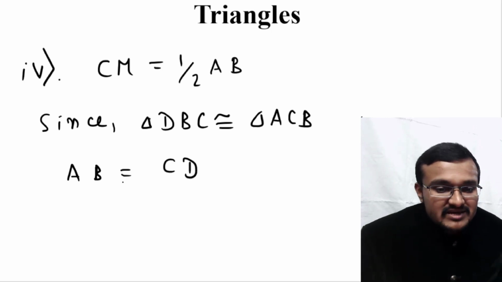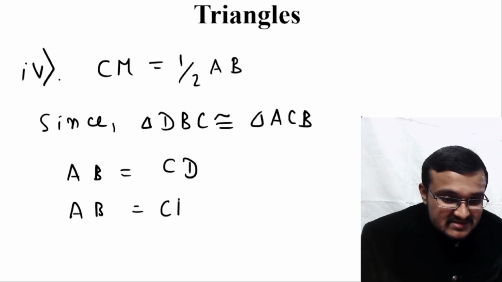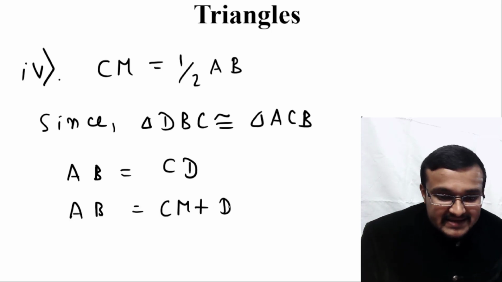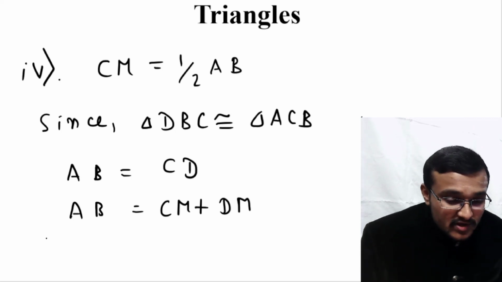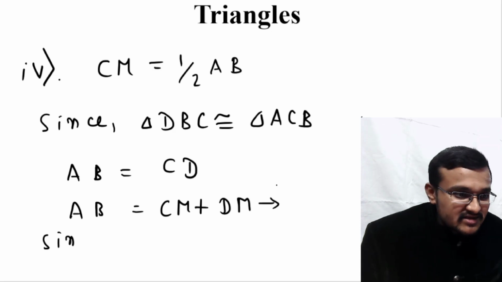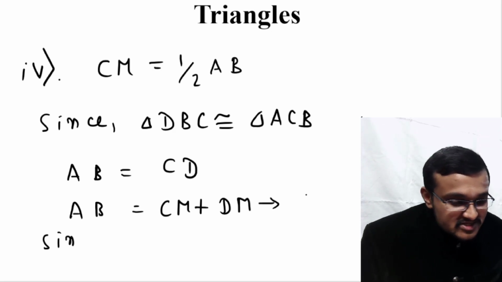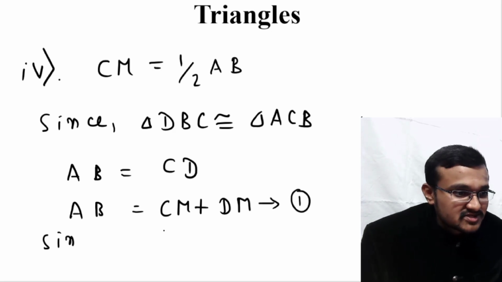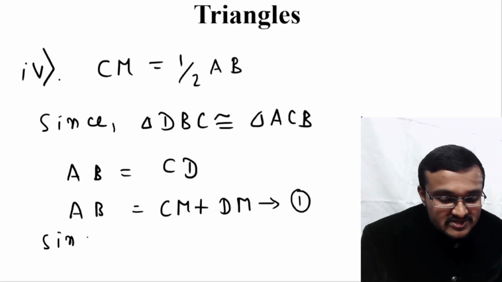Here CD is nothing but CM plus DM, because M is in between C and D. You can call this equation 1. No equation is given in this question, so you can consider this as equation 1.